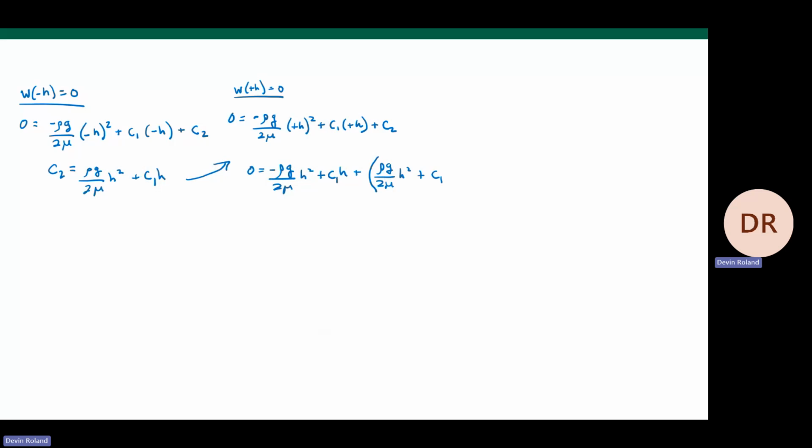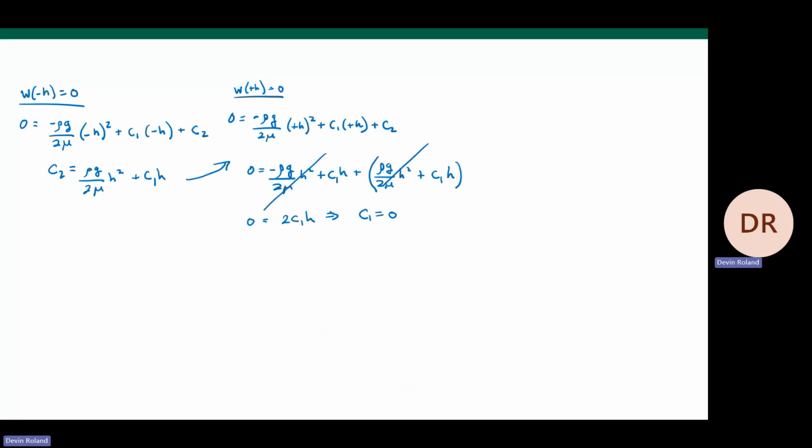Oh, there's an h here. Now, as you can probably tell, those terms cancel, and we're left with 0 is equal to 2 C1 h, or in other words, C1 equals 0.